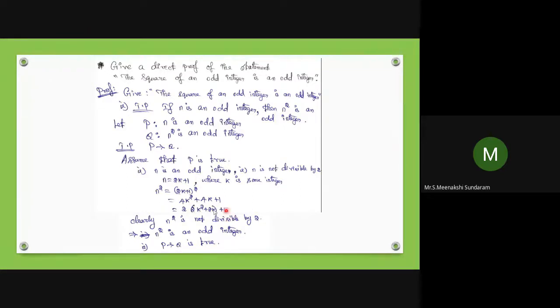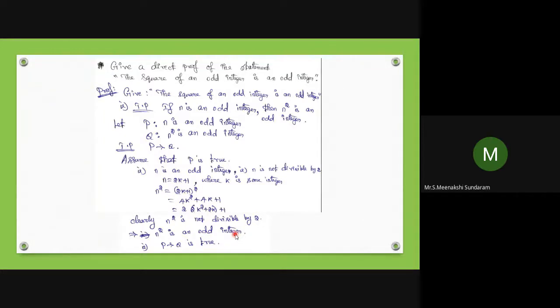So 2k square plus 2k may be even or odd inside, but anyway it is a multiplication with 2, so it is even, and plus 1 it is odd. So we assume n is an odd number, and n square is odd. Clearly n square is not divisible by 2, therefore n square is an odd integer.